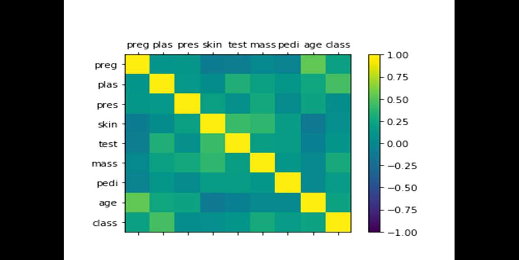Okay. So just I'm taking preg. This is yellow. This is 1, isn't it? Then preg and plas. This color is somewhat in this interval. Okay. So similarly, you can consider plas, yellow, then plas and test, this is green color, isn't it?